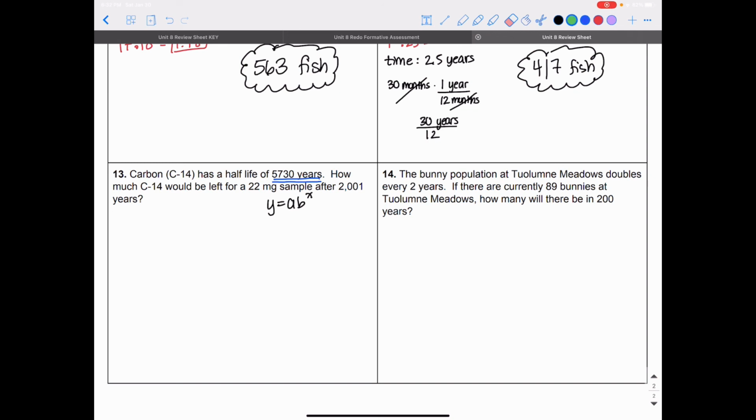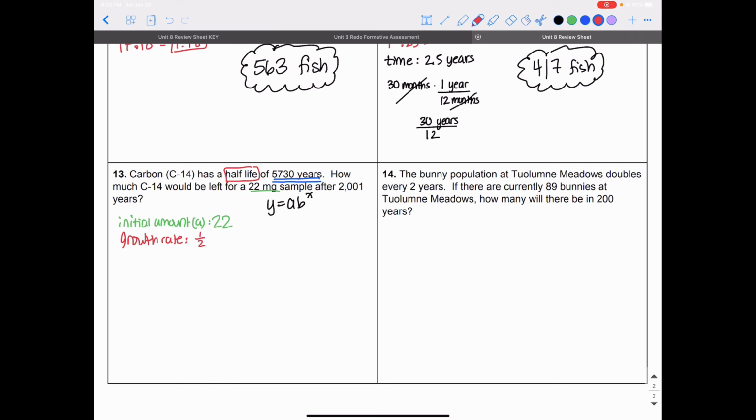I know that my initial amount here is 22 milligrams, so 22. I know the growth rate in this case is half-life. It tells me what the growth rate is. This doesn't give me a percent. I don't have to calculate it. I know it's 1/2.